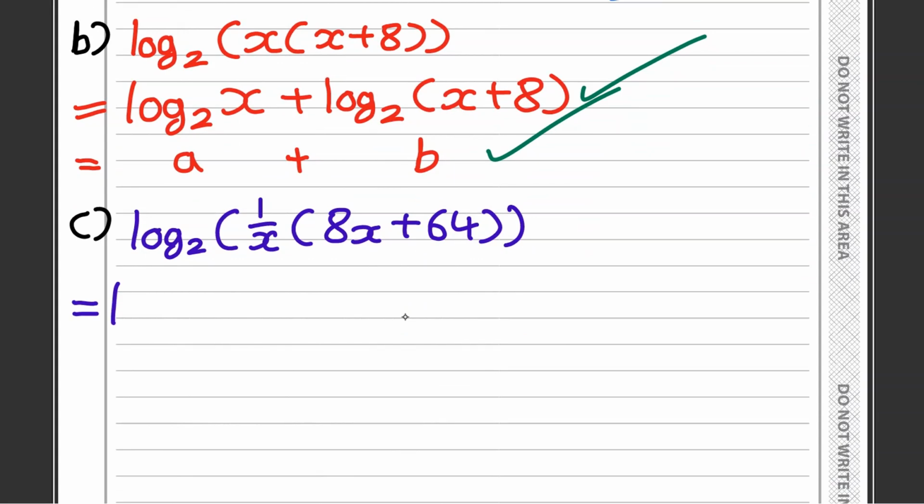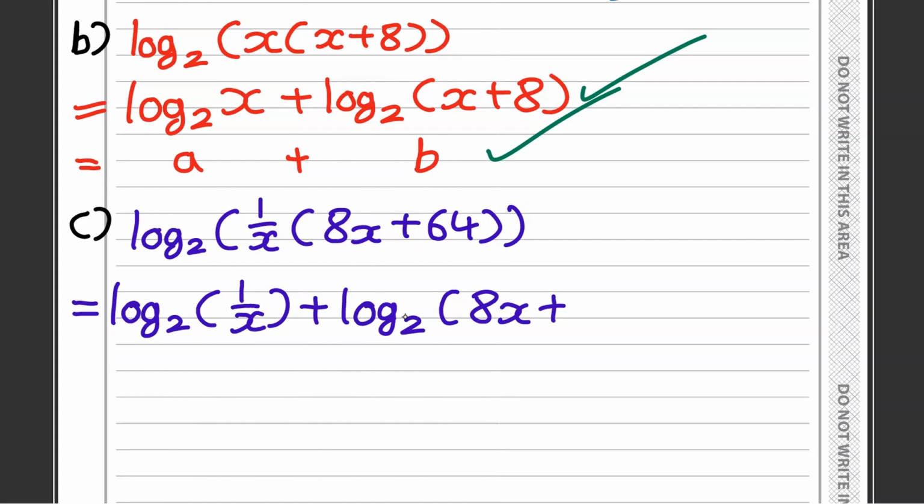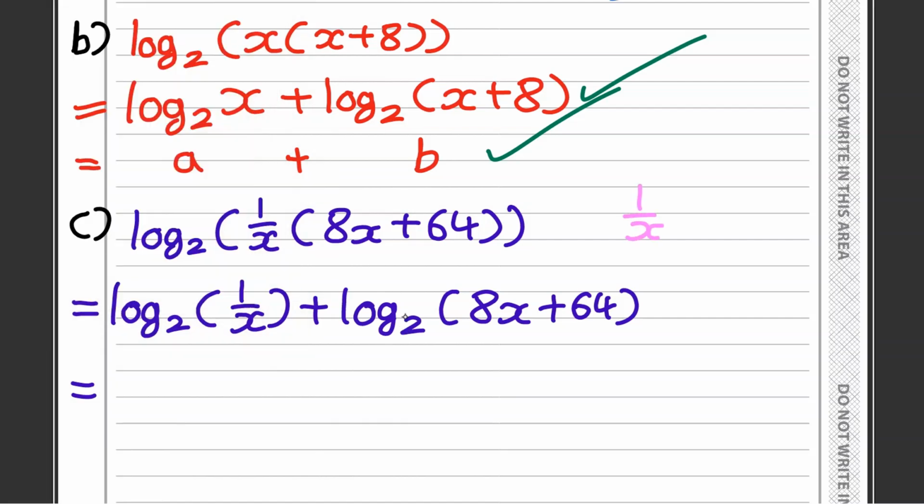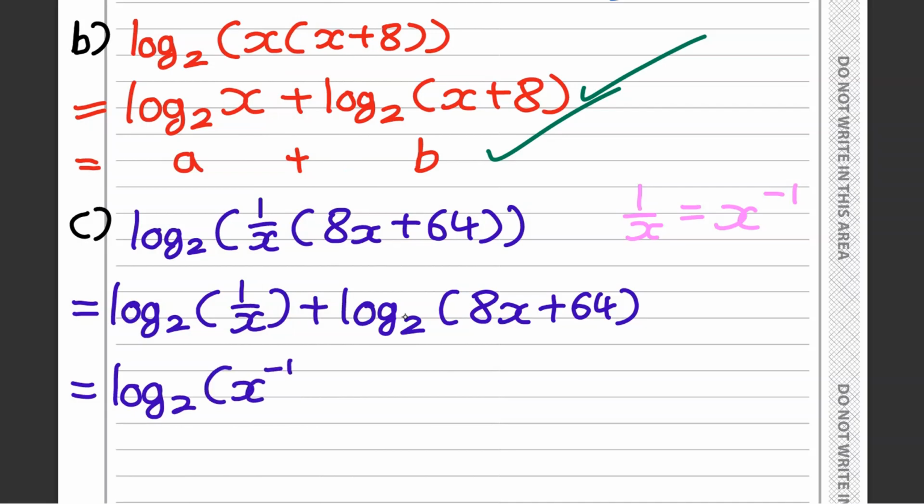So we can rewrite this here as log base 2 of 1 over x plus log base 2 of 8x plus 64. Okay, so we can do some simplifying here. So this log base 2 of 1 over x, remember that 1 over x is equal to x to the power of minus 1, if you remember your laws of logs. So therefore we can write this as log base 2 of x to the power of minus 1, and then this is plus this here, this log base 2 of 8x plus 64.